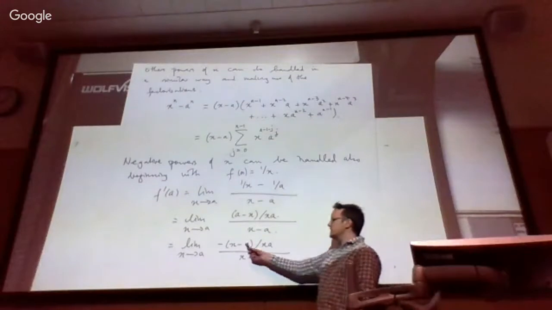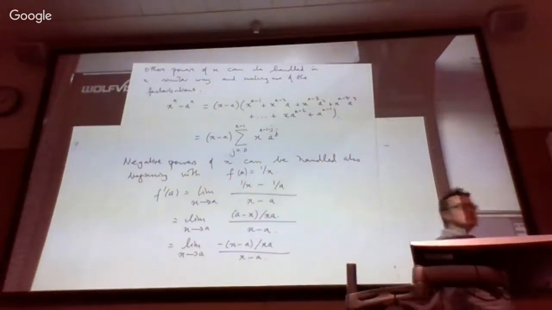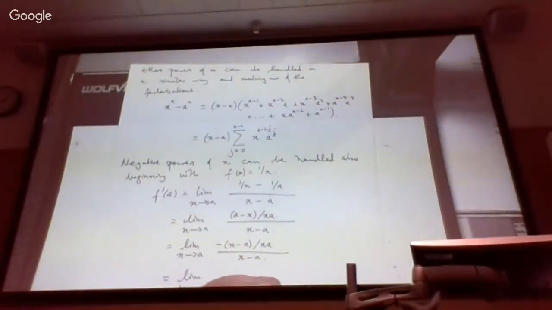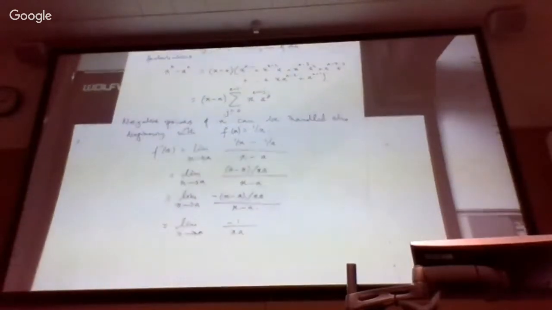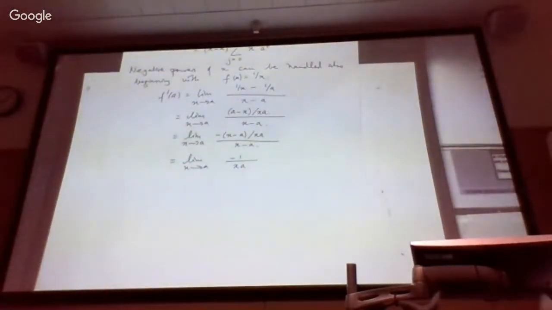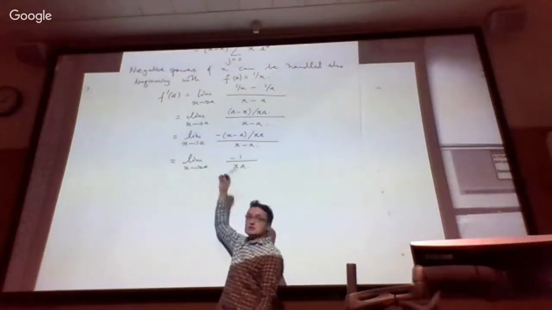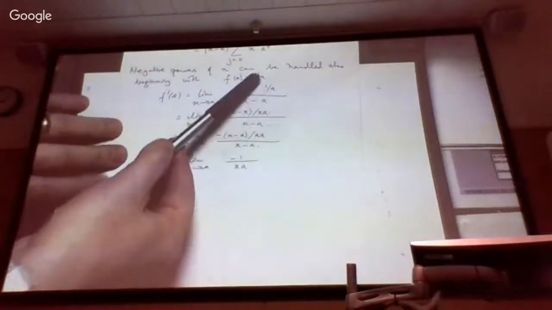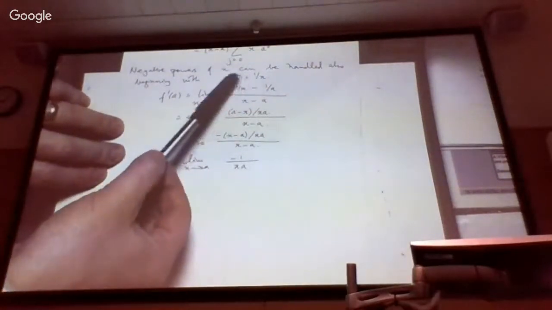So we can now do the cancellation. We can cancel that factor from the top and bottom of the fraction. What we're left with is the limit as x approaches a of minus 1 over x times a. And provided of course that a is not equal to 0, we're not approaching 0, but the point 0 is not a valid argument for this function anyway.